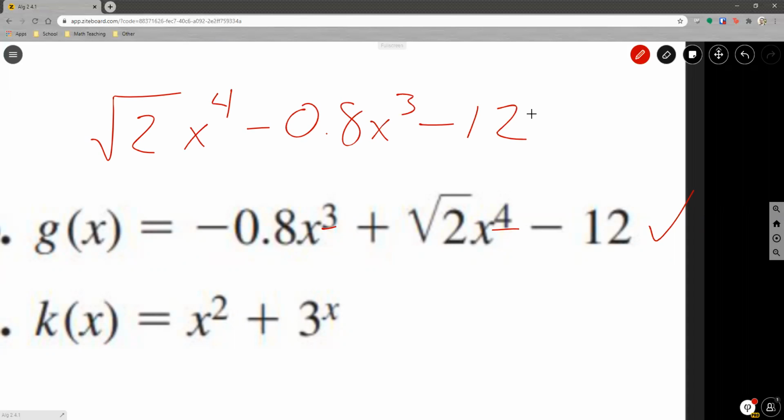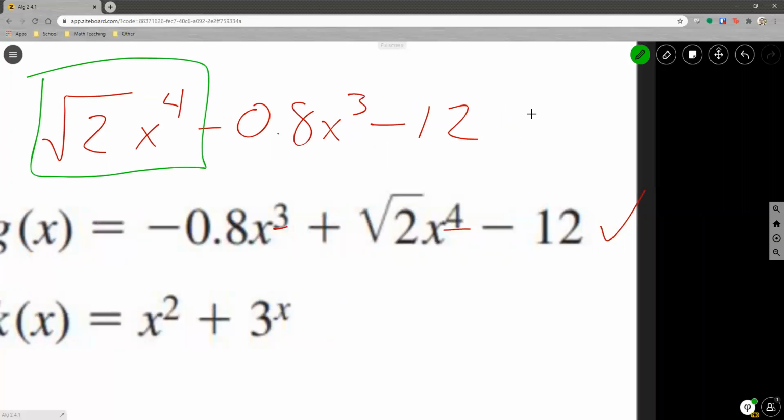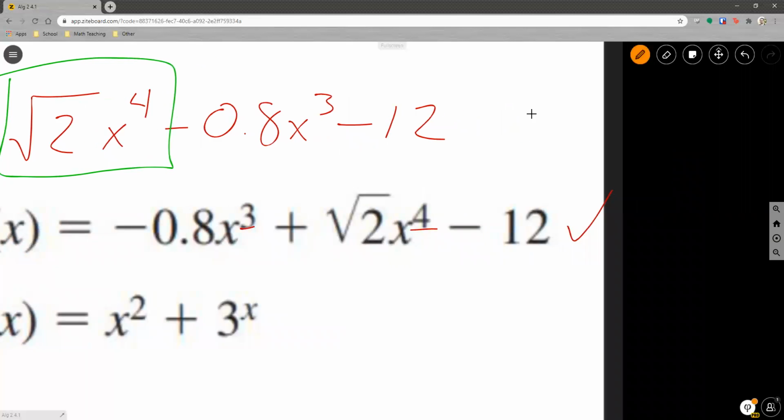Now it's in standard form. Last part, I've got to look at this first term, which is where my degree and my leading coefficient are. So my degree, in this case, is 4. And the type, well, remember the degree tells us that it's going to be a quartic.